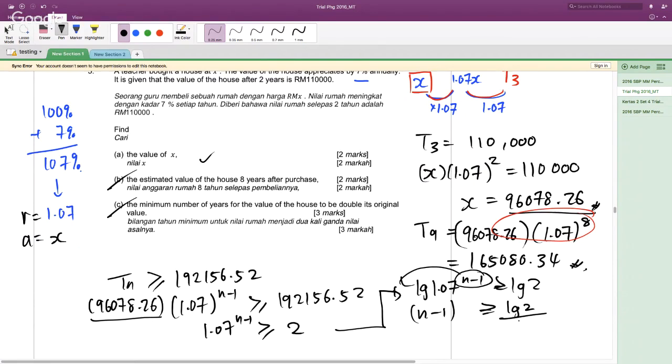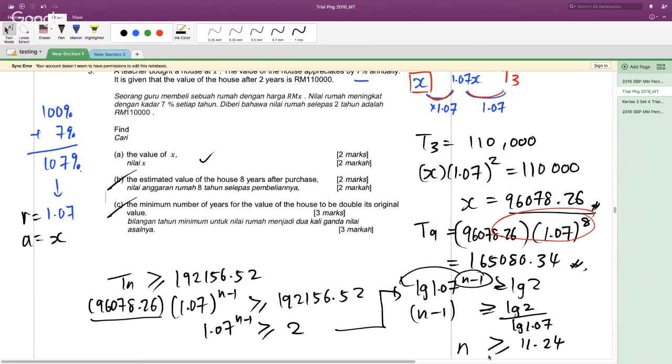So it should be divided by log 1.07. And then you have a minus 1 here, you move to the other side, becoming plus 1. So I'll do log 2 over log 1.07, then plus 1. So I actually get bigger or equal to 11.24.